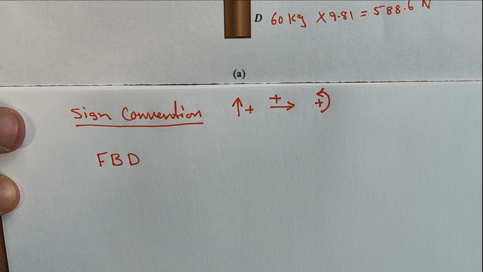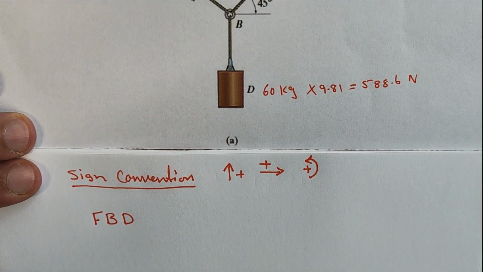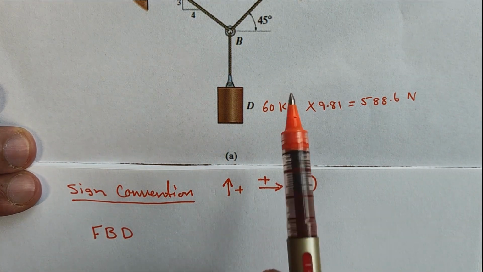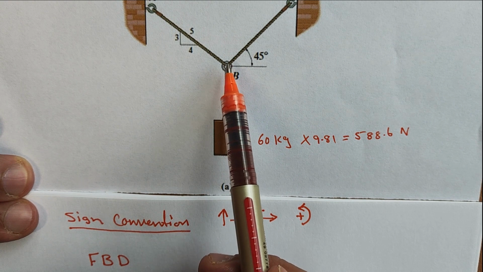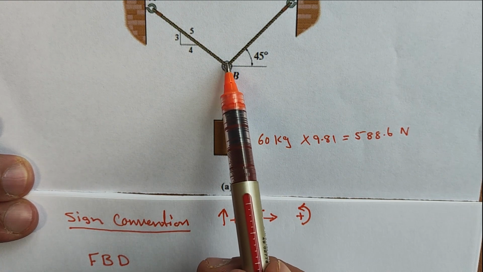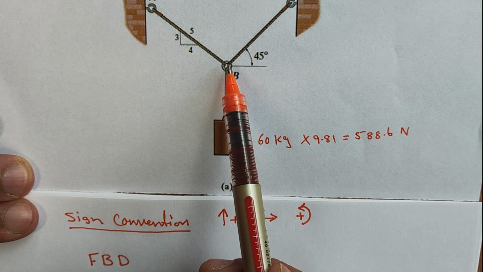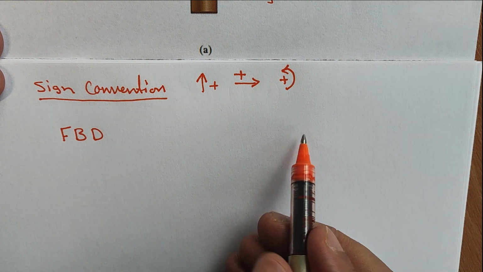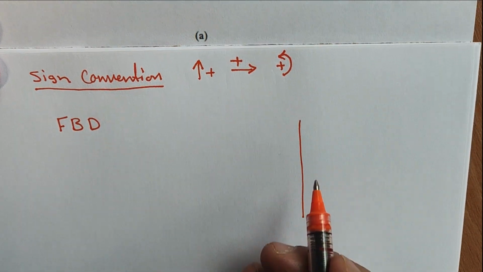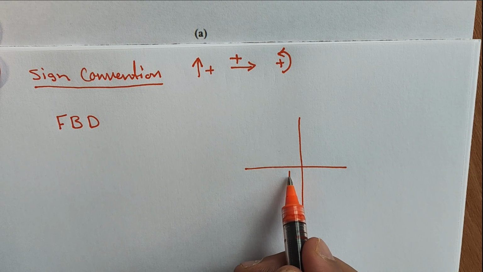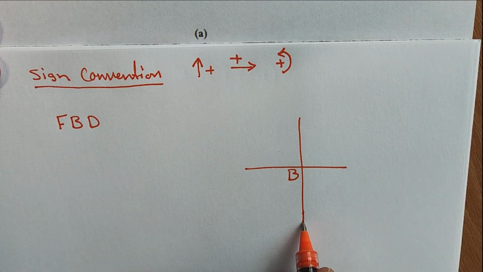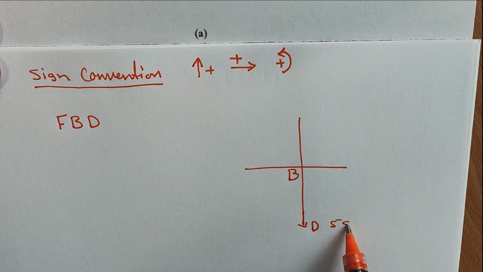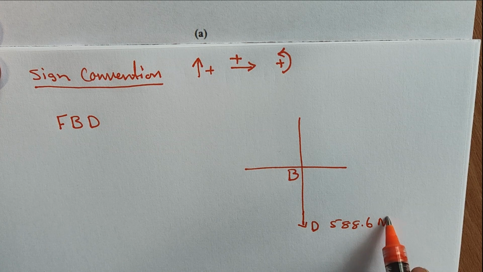On the free body diagram, we know that the force is acting on B, and B should be in equilibrium. So B will be at the origin of our drawings. Downwards on the negative y-axis, it's D, which is 588.6 Newton.